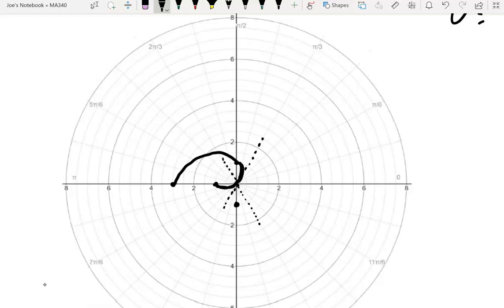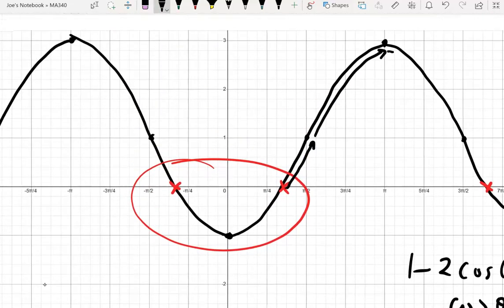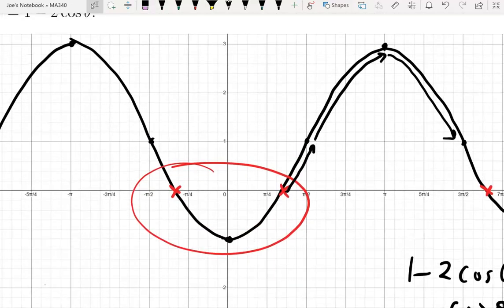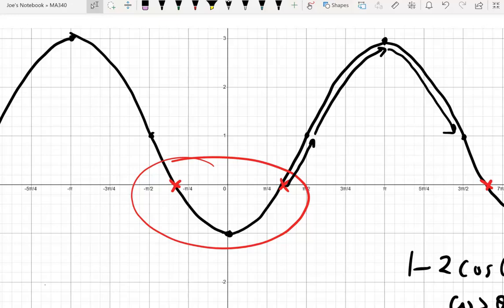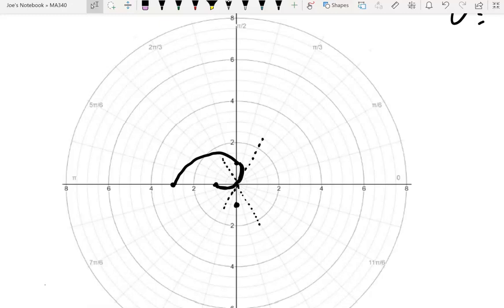3 pi over 2. Because we're going from, back on the Cartesian graph again, we're going from here to here, right? Are we getting farther away or closer to the pole as we do that? Closer, right? So we'll go in towards this way, make it smaller. And then I've got to go from this point to this one.